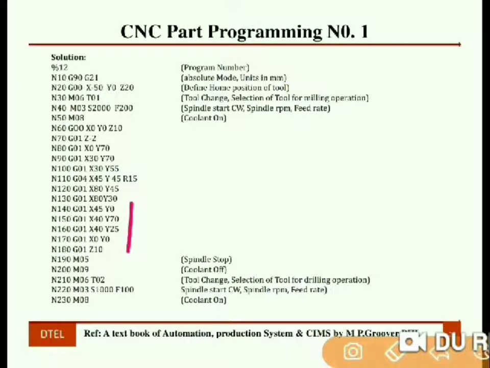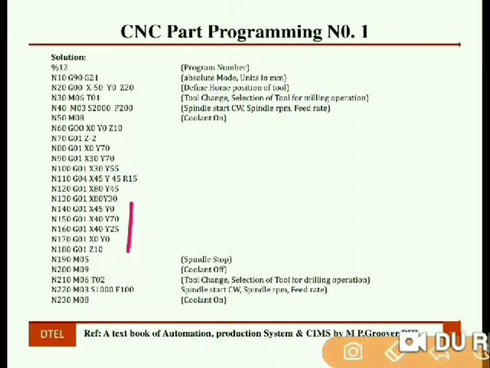Similarly, now we are going to change the tool. So M06, tool change, and we are going to select the tool from the magazine, that is the automatic tool changer, tool number 2, T02, for the drilling operation. Now again we need to start the spindle for the drilling operation. So sequence number N220 M03, spindle start.